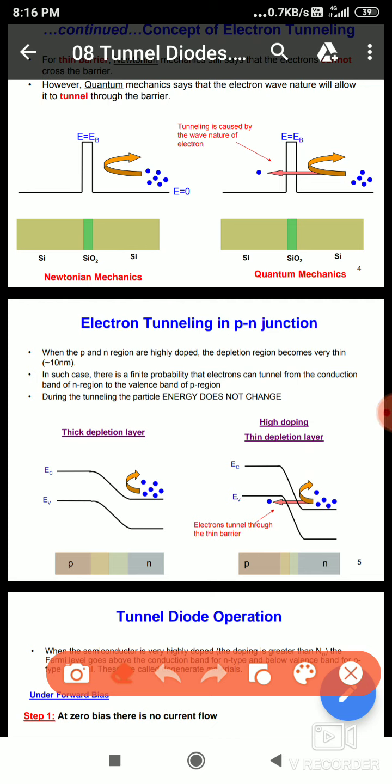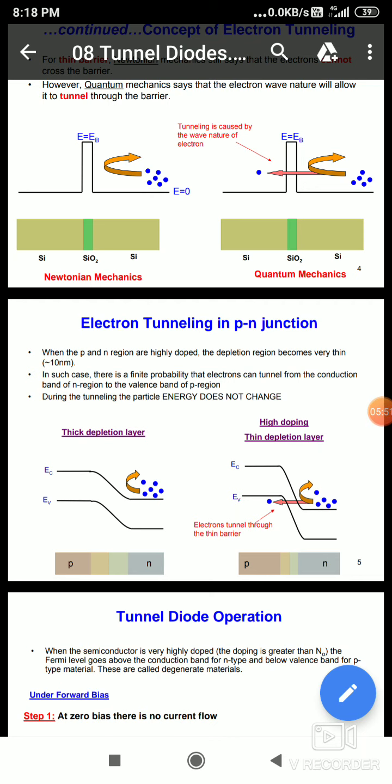Here the valence band and the conduction band energy levels in the n-type semiconductor are slightly lower than the valence band and conduction band energy levels of the p-type semiconductor. So this is about the concept of tunneling, and now we will discuss electric current in tunnel diode.